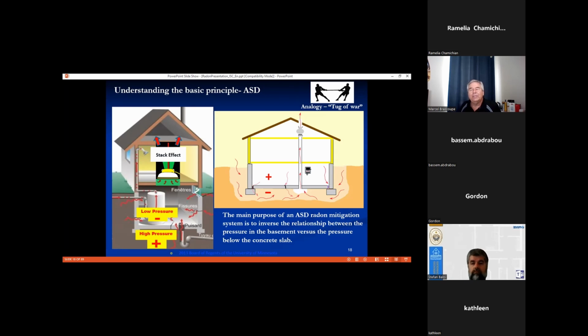So again, it's like a tug of war. If we can create a suction underneath your concrete floor that's stronger than the suction you have inside from the stack effect, the side that has the stronger suction will win the battle. It's like a tug of war. That's what we want to accomplish here with an active soil depressurization system.